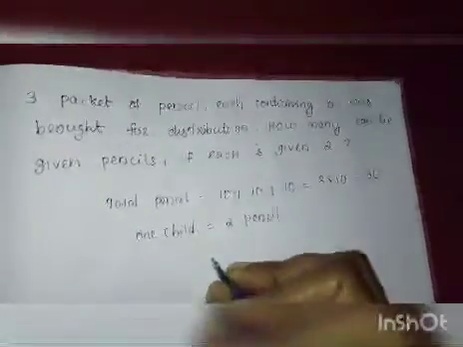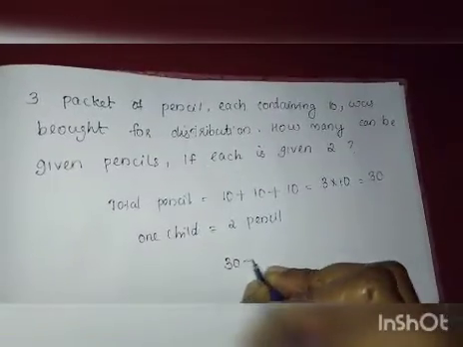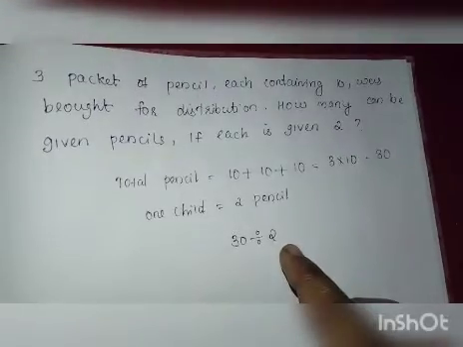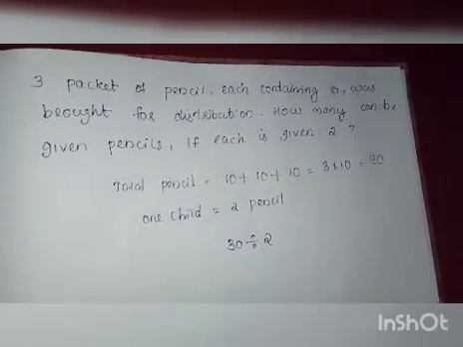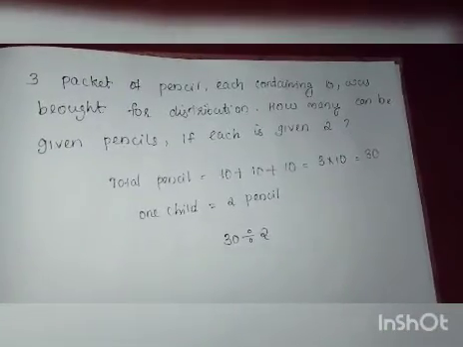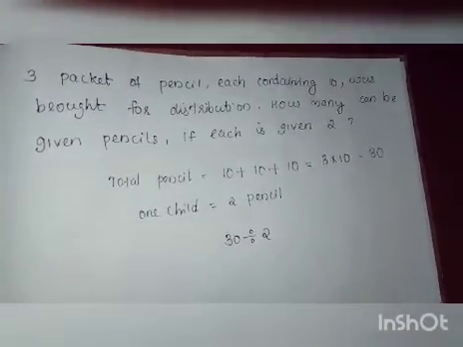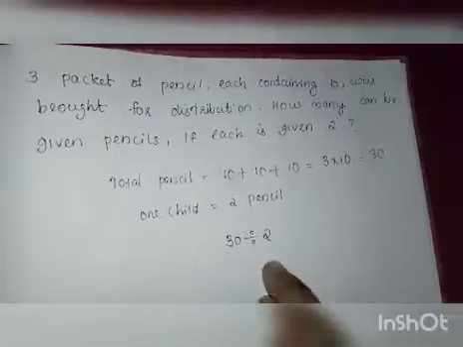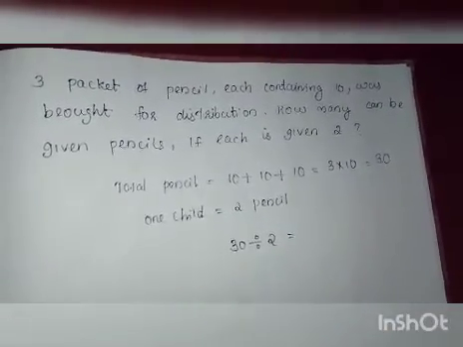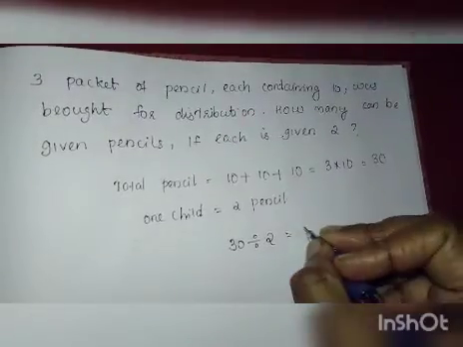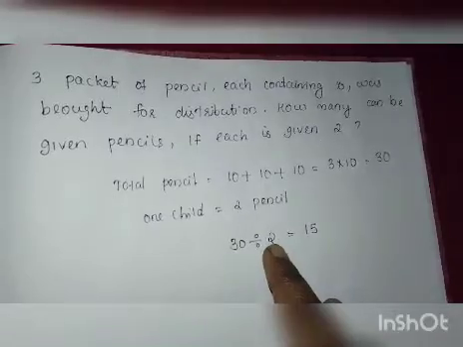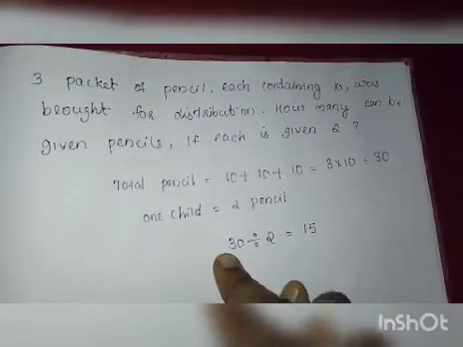In order to do this, we want to divide 30 by 2. 30 divided by 2 means which number multiplied with 2 gives the result 30? Or half of 30, since divided by 2 means half. Here 15 multiplied with 2 gives us the result 30.